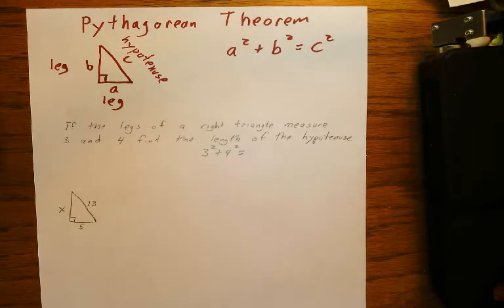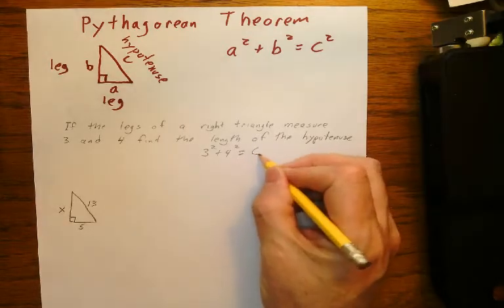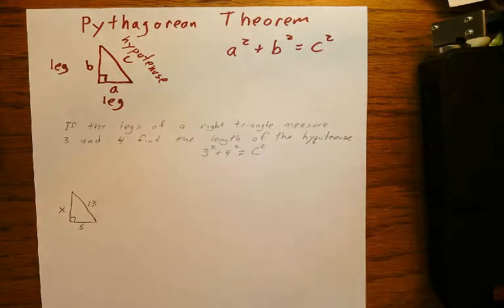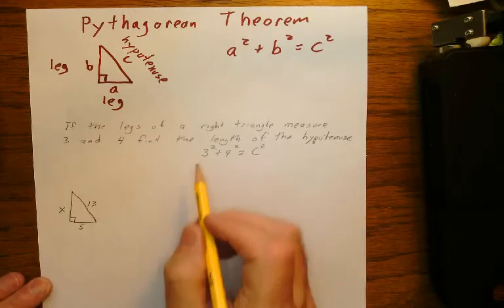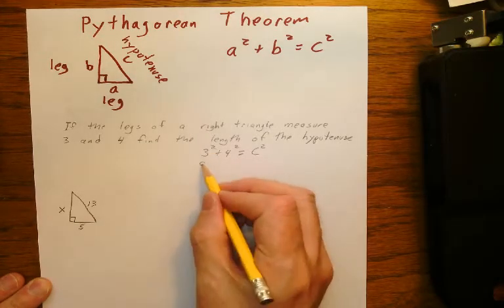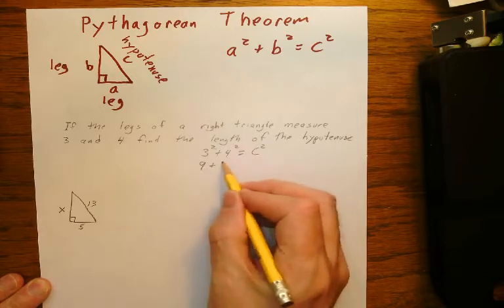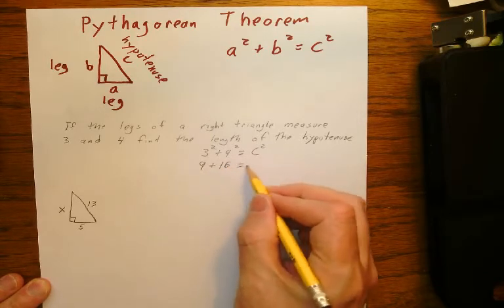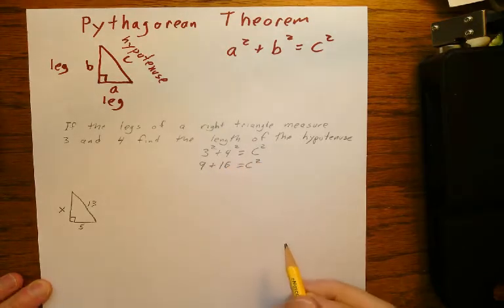Now you can use the letter C if you want, or you can use the letter X. It really doesn't matter. Let's use C for C squared, since I plugged 3 and 4 in for A and B. Now, to solve, 3 squared is 9, 4 squared is 16, that's C squared.